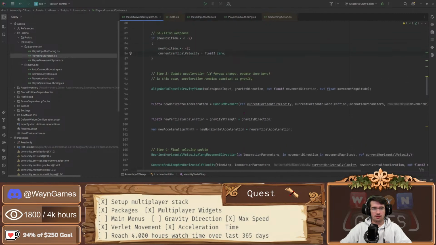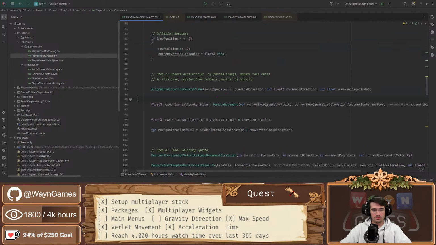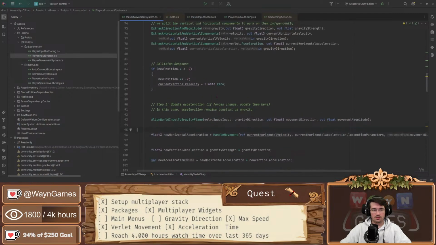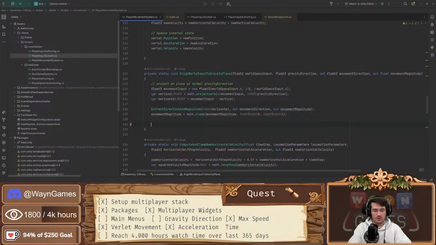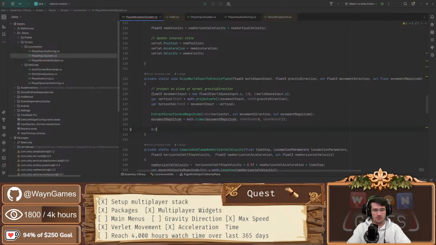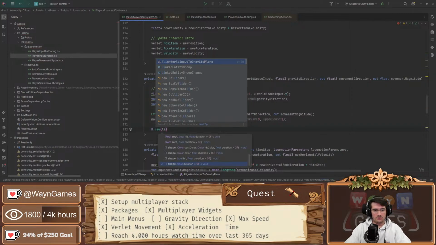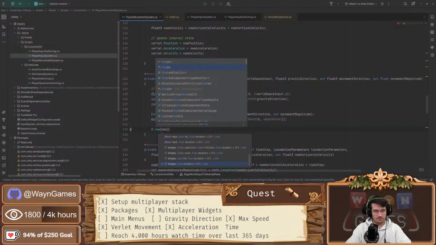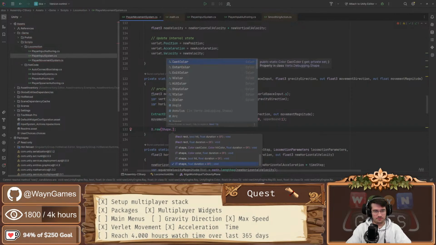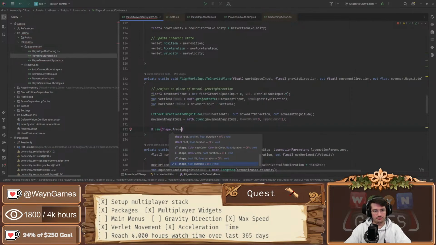So let's try to add some debug drawing. Draw a line. Arrow actually.